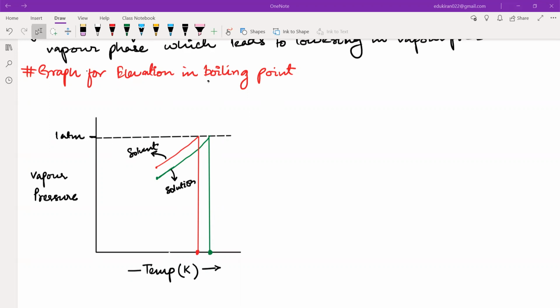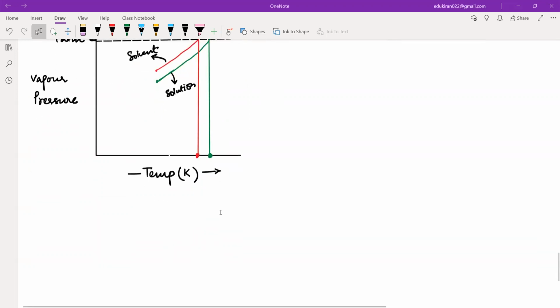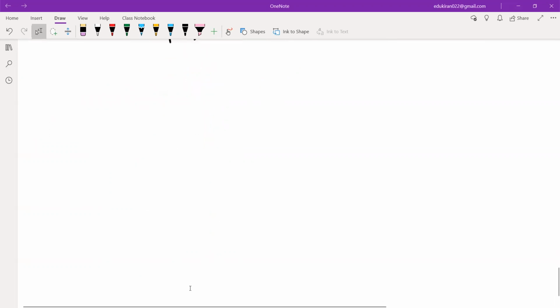I hope you have drawn the graph. Now let us also formulate it. We will formulate the elevation in boiling point.